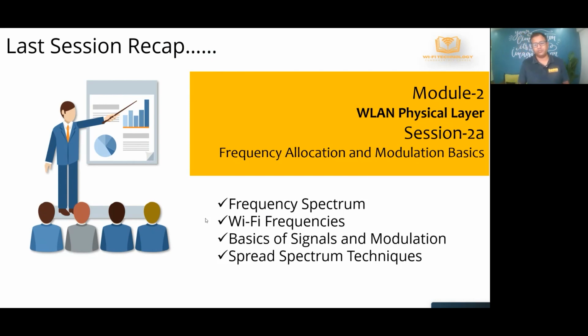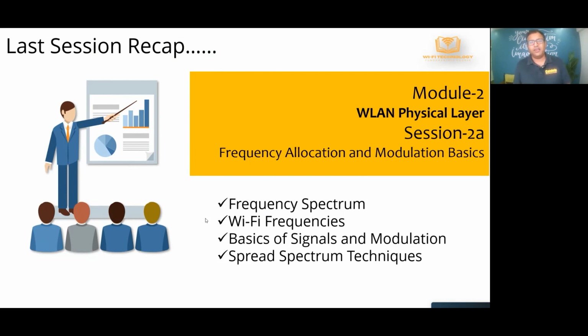We talked about the fundamental properties of a periodic signal: amplitude, frequency, and phase, and how you can vary these properties to carry information on top of signals. We discussed that in detail.